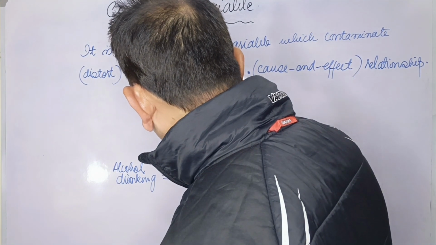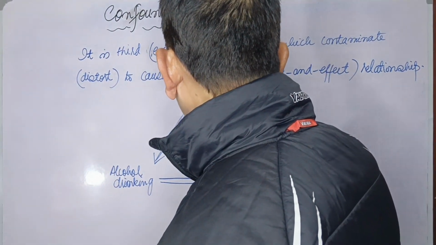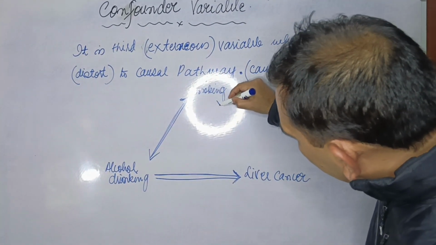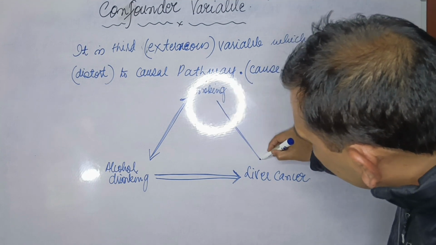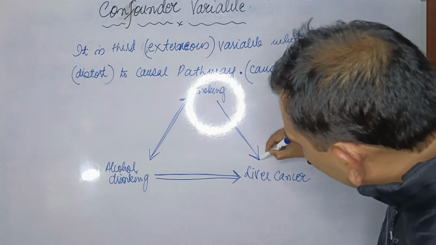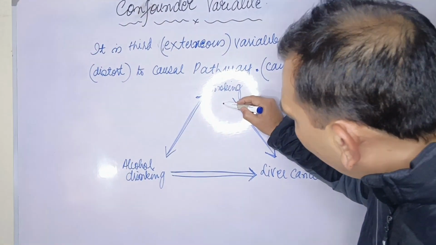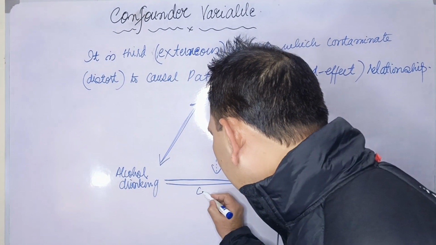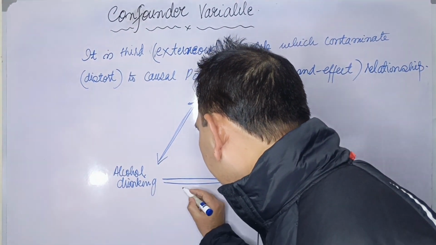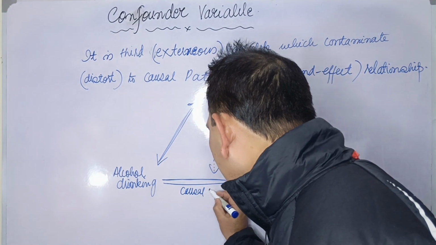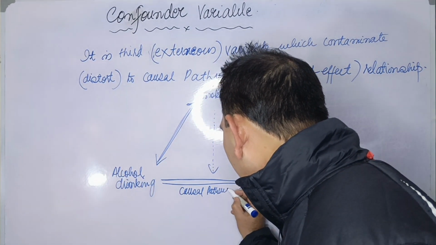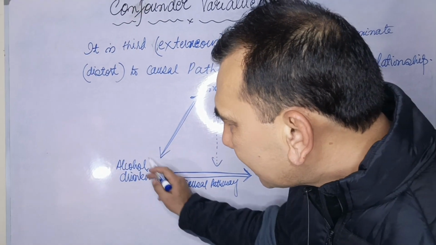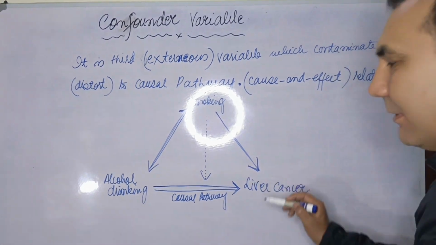He is doing the smoking as well. Now smoking is a third variable, an extrinsic variable, which distorts this causal pathway between cause and effect. The alcohol is the cause and the effect is the liver cancer.